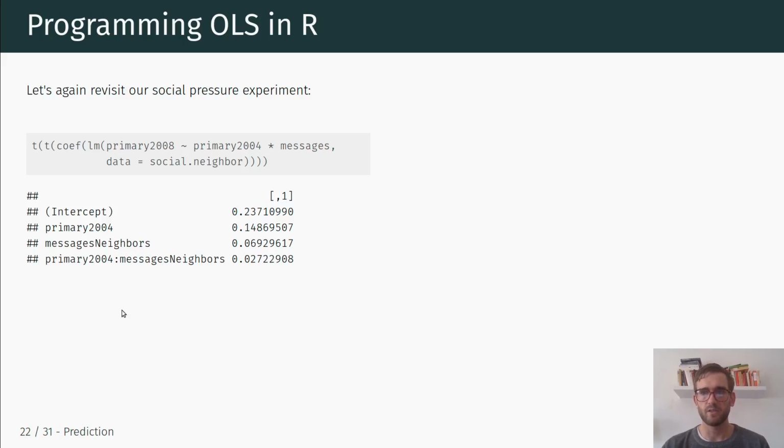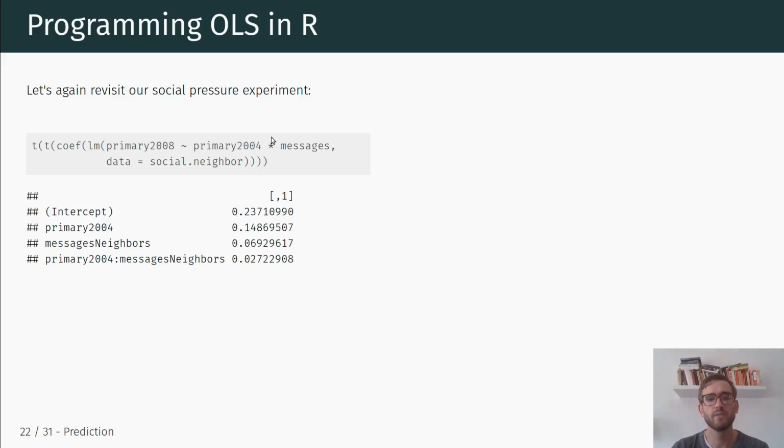So again, to show you that this actually works, we can go back to our social pressure experiment that we loaded previously, and again we're looking at the subsetted data. We're only looking at observations in either the control condition or the social pressure treatment condition.